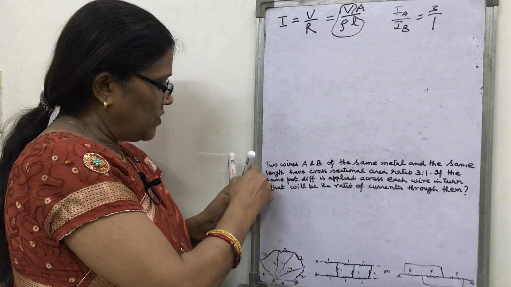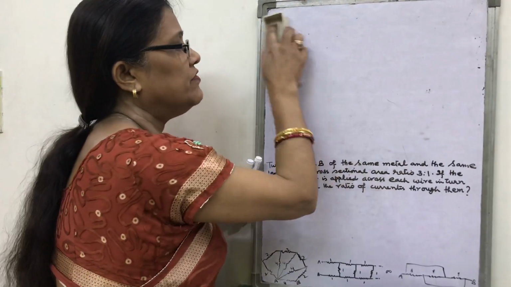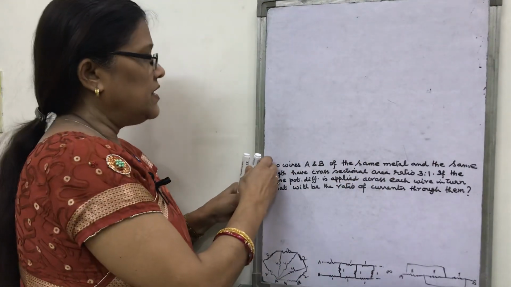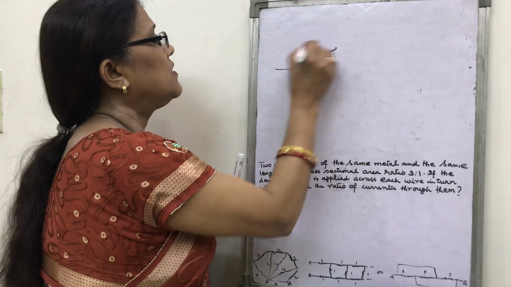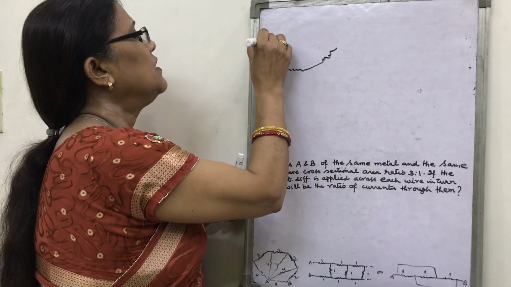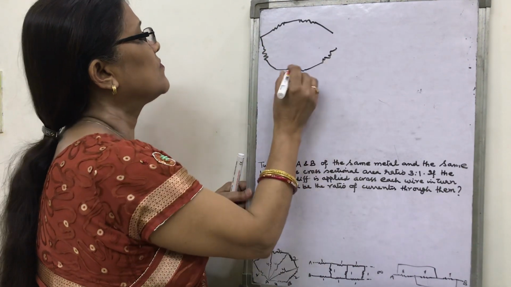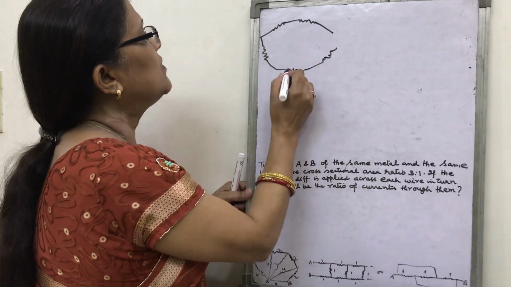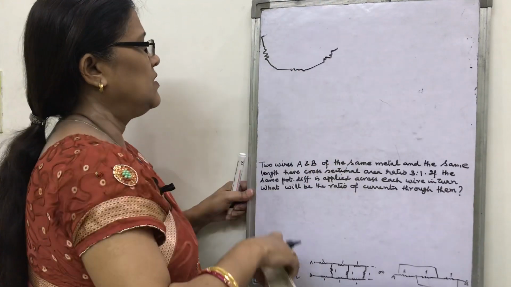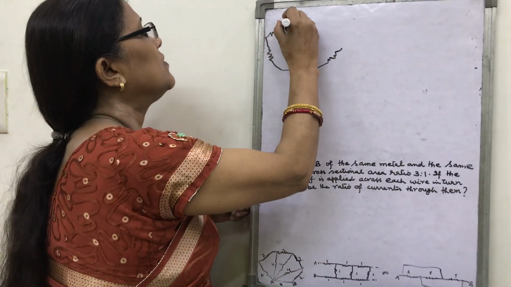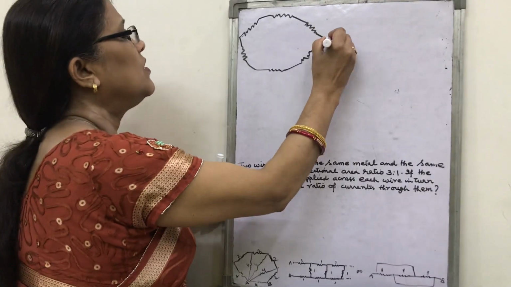Now a few combinations of resistances. Suppose the first combination is given, very simple: there is a hexagon and the resistances are shown like this. I will draw it here.